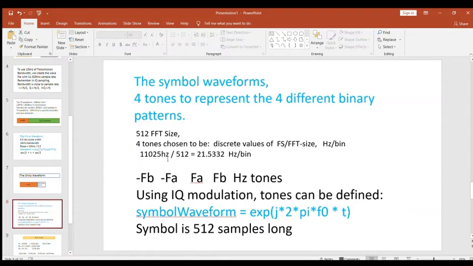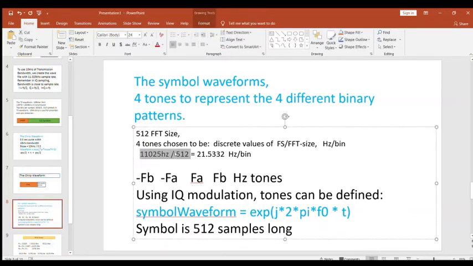You have to compute something called the hertz per bin, which essentially says when you take a 512 FFT, what is the hertz that's going to be in one bin? And that's this simple equation here. It's the sample rate divided by 512, and that works out to be about 21.5 hertz per bin.